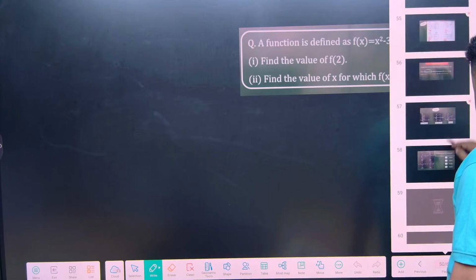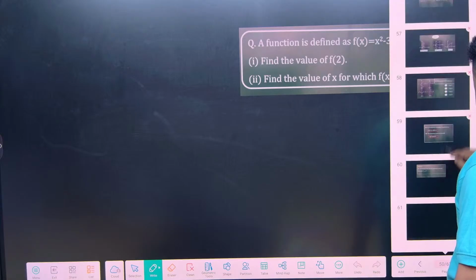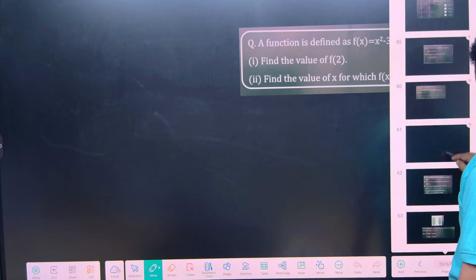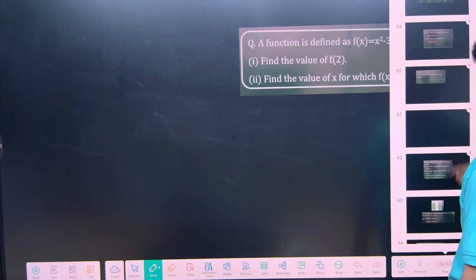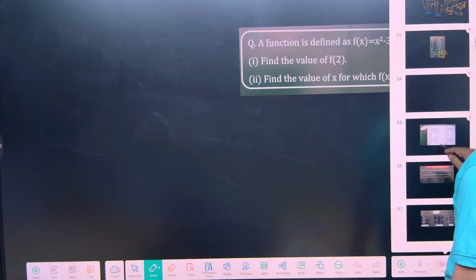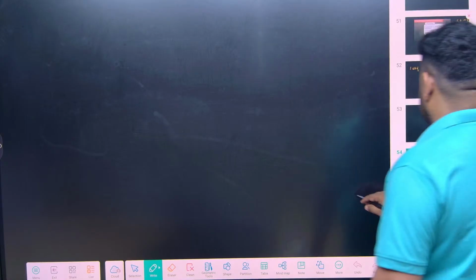Let us take some more examples before we go to the vertical line test.